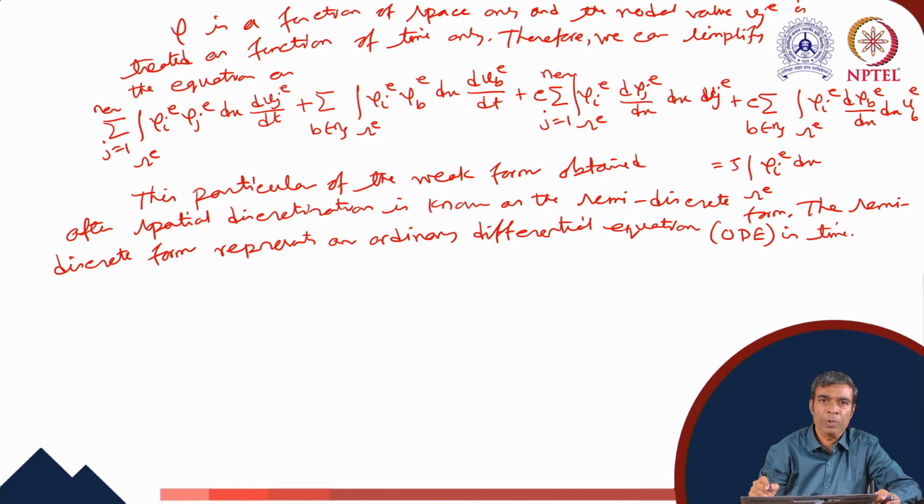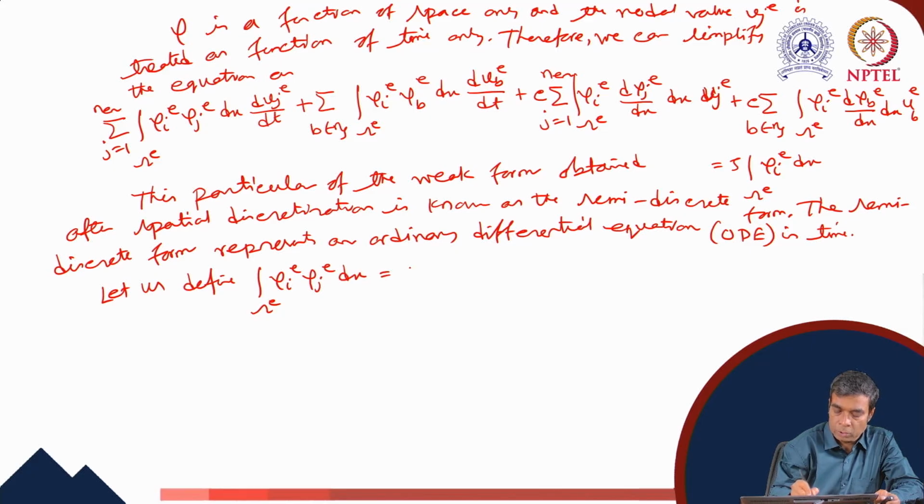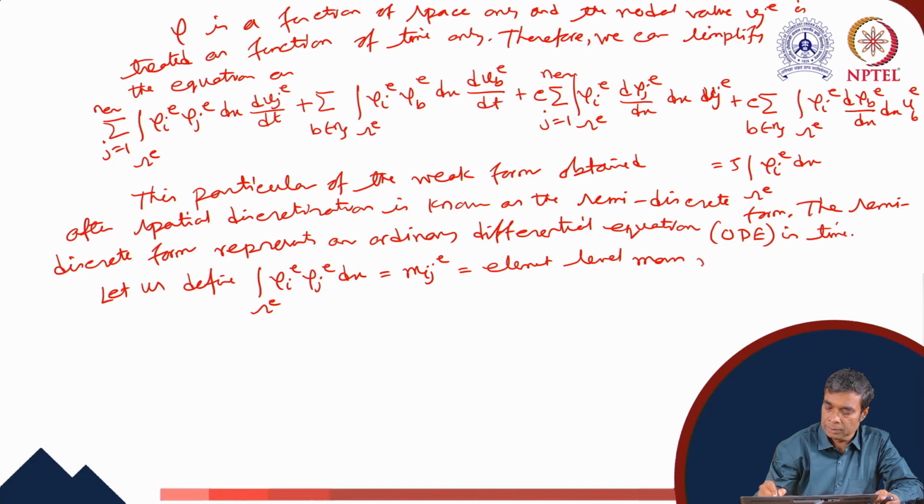Now we introduce the symbols for the element level entries. So let us define integration over omega e psi ie psi je dx equals to mij equals to element level mass matrix.